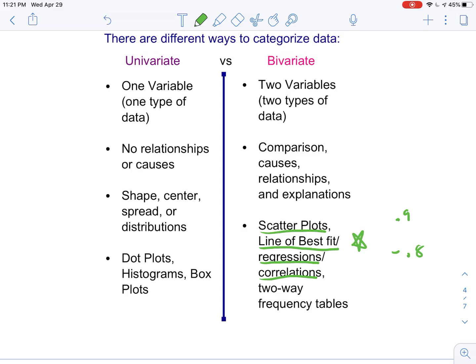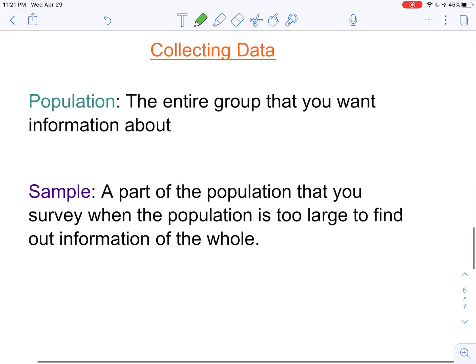So these were all things we did with bivariate information. Something we haven't talked about, but I believe that we will, is something called a two-way frequency table. And that's basically a table that allows us to compare two situations similarly to a Venn diagram. So we will talk about those.